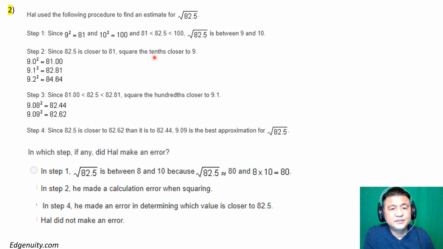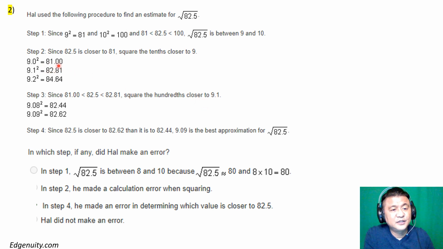Correct analysis. Square the tenths closer to 9. So 9.0, 9.1, 9.2, these are the results. Looking at the results, he said since 81 is less than 82.5, which is less than 82.81, the square of the hundredths is closer to 9.1.